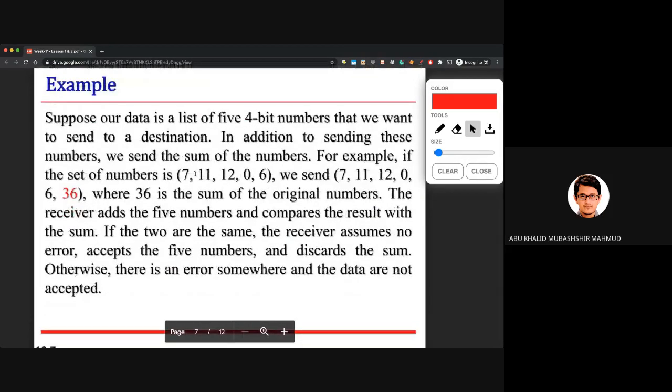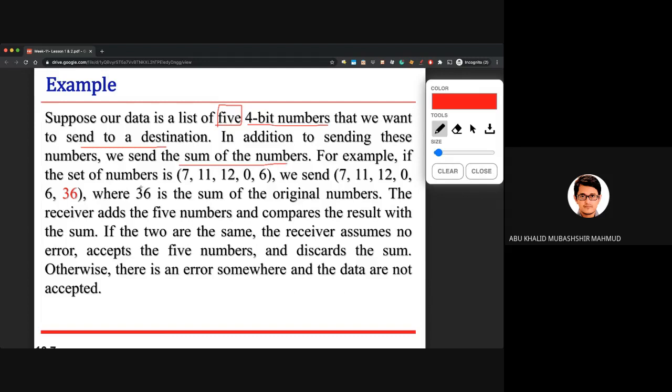So here I'm going to describe some examples. It would take some understanding, so please bear with me. Suppose your data is a list of 5 4-bit numbers. What is given here is that we have 5 numbers, each of 4 bits, that we want to send to a destination. In addition to sending these numbers, we send the sum of the numbers.